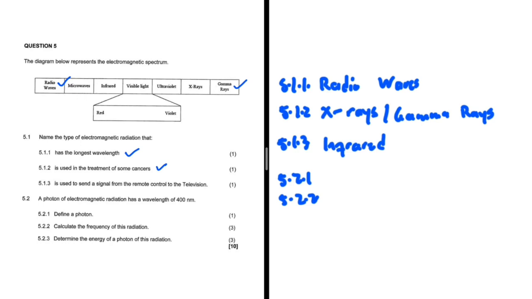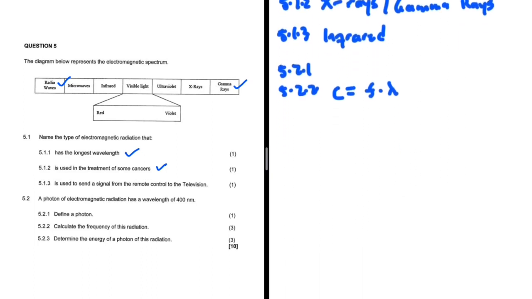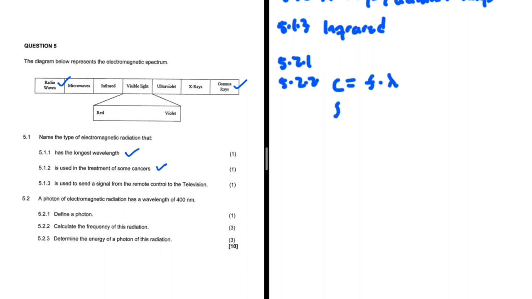So the speed c is equal to frequency multiplied by wavelength. So if we want to calculate the frequency, we are going to have the frequency being equal to speed divided by wavelength. The speed is 3 times 10 to the power 8, while the wavelength is 400 times 10 to the minus 9.